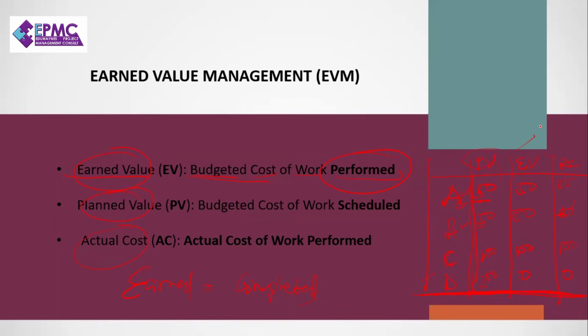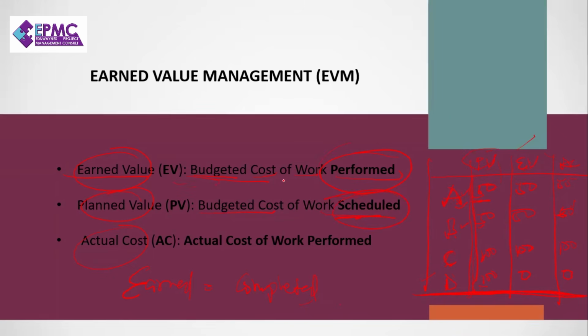Because you get the end values when you start performing the task. Okay? Planned value is budgeted cost of the work scheduled, what we put down even before we started. End value is the tasks that we performed, the budgeted cost, we put them down. Actual is how much we actually incurred on them after performing them.